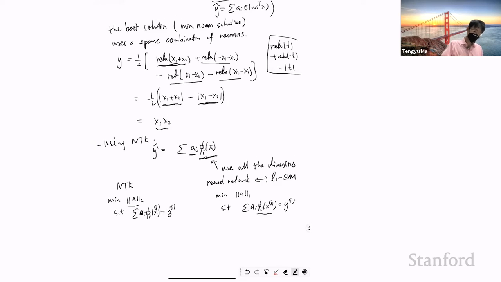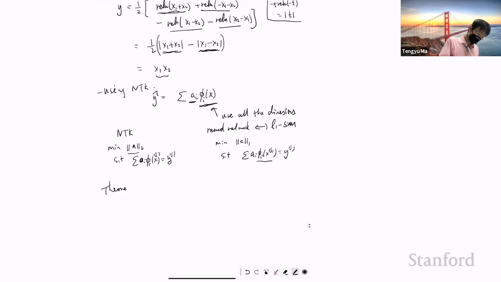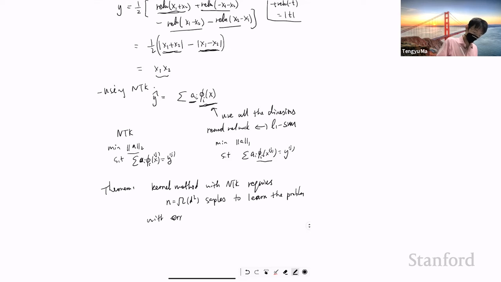This is a theorem where you can prove that the kernel method with the NTK kernel requires n to be Ω(d²) samples to learn a problem with error less than 1.